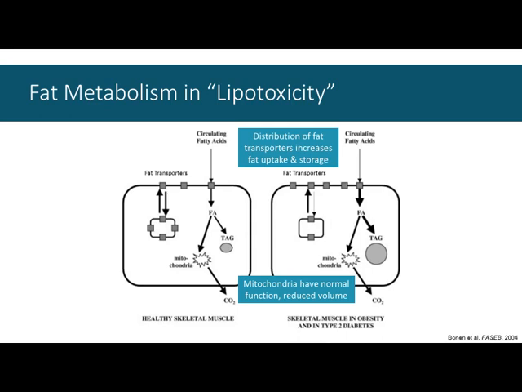A reduced volume which plugs the drain and leads to the accumulation of these fat species that causes downstream effects, downstream inhibition of insulin signaling. So we're presenting this more as a fat problem where the consequence is dysregulation of glucose disposal. A fat problem where carbohydrates are the symptom.